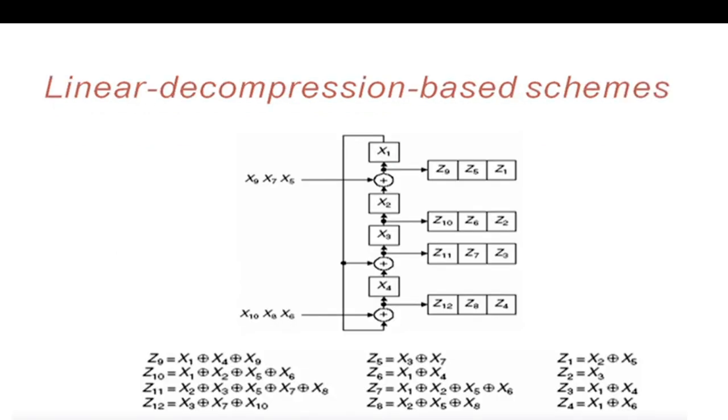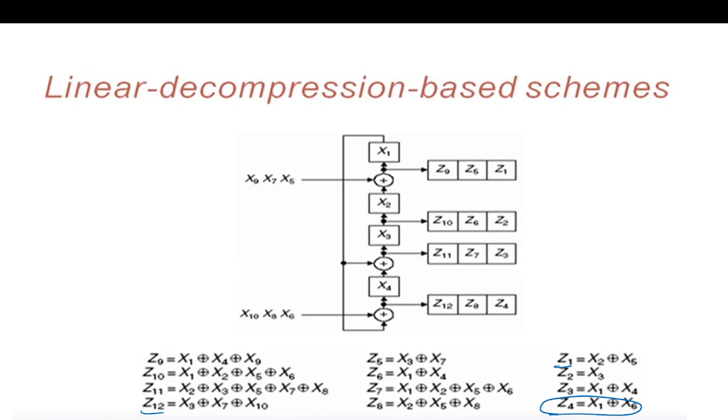Here, in the linear compression based scheme, we have this circuitry which will generate the pattern. So we have x1 to x10, which is capable of generating z1 till z12 patterns. In this way you can see how z4 is x1 XOR with x6.